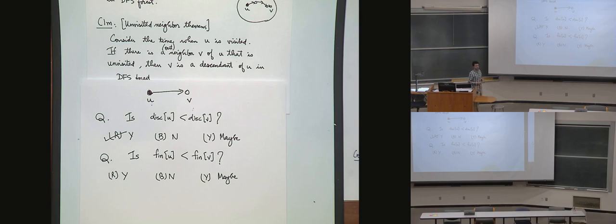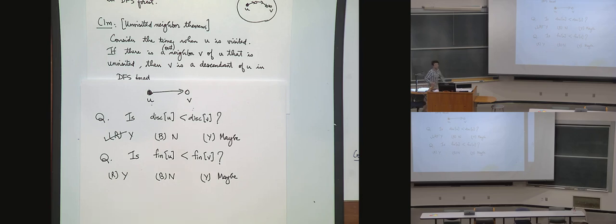Does anyone want to explain why they gave the answer they gave? What do you say the answer is? I thought it was yes, but I think it's no. I think the finish time of V has to be less because of the parentheses. You mean the finish time of V has to be more? Oh, wait, never mind. Okay, then I'm saying yes. Okay, then you're saying yes.